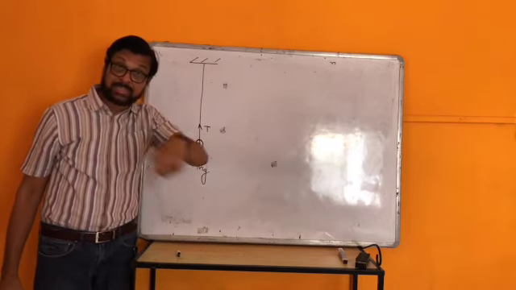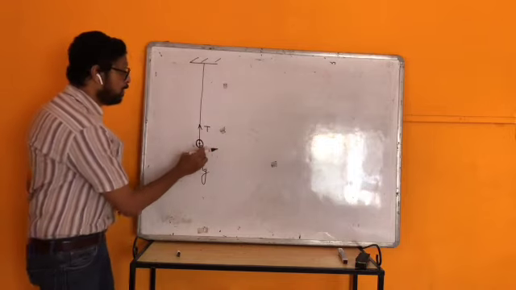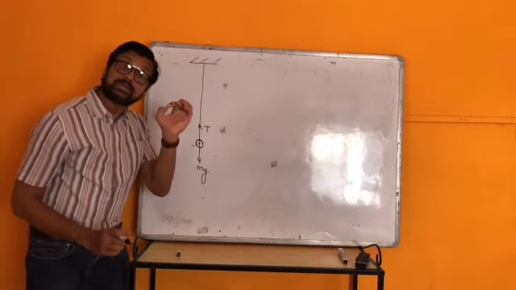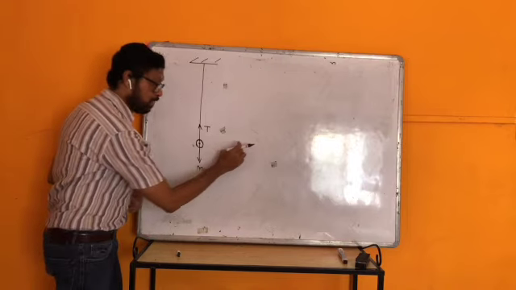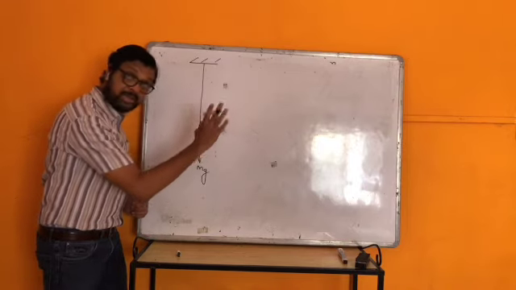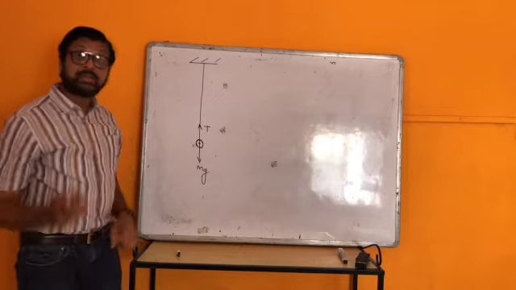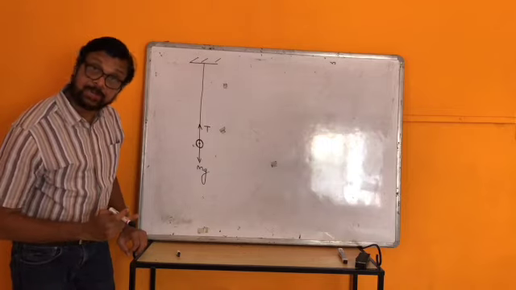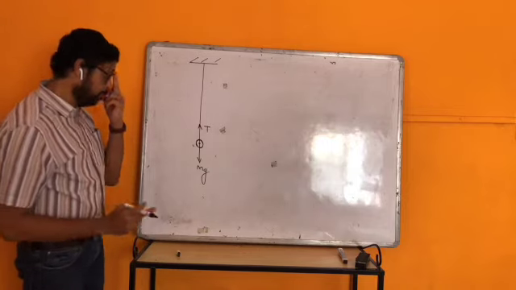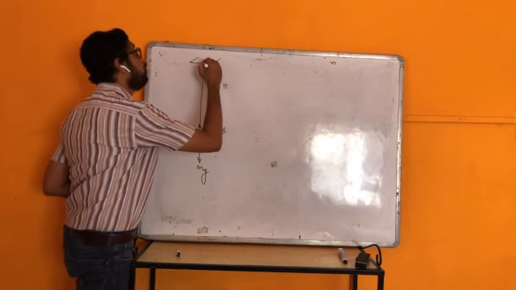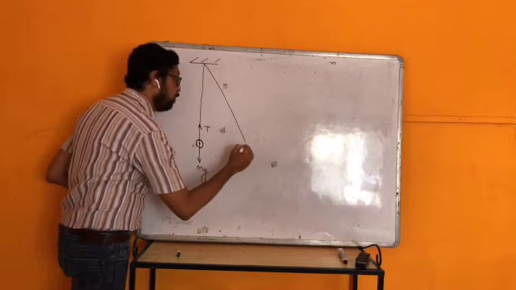If you displace the bob slightly towards one side and leave it, it will perform linear SHM.